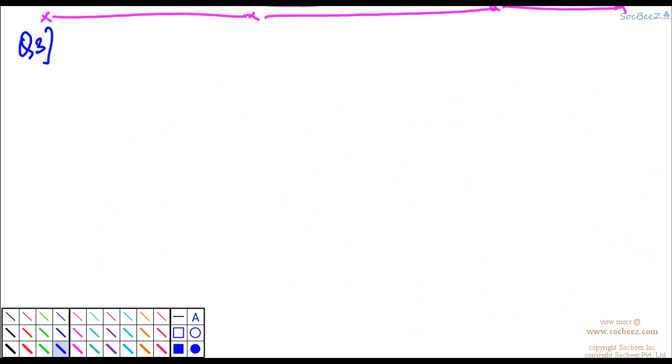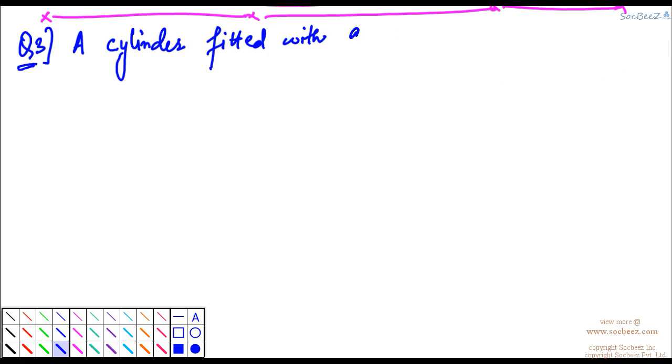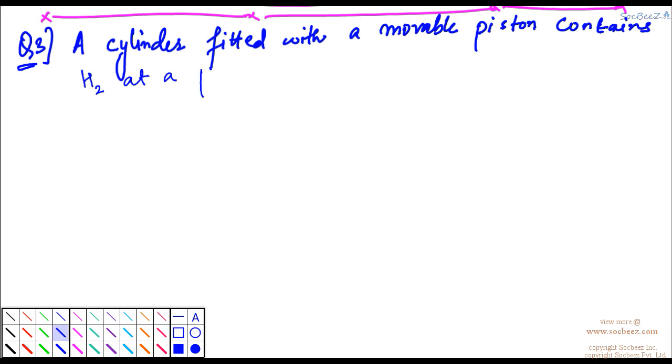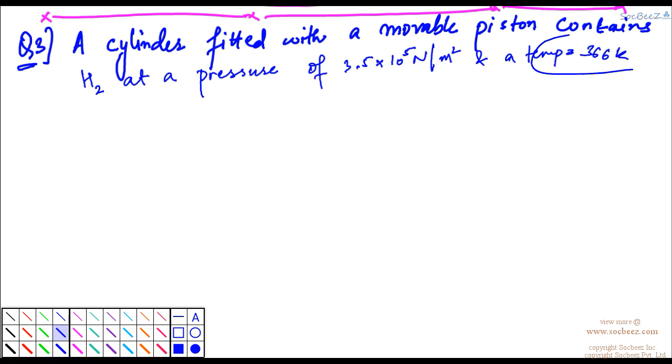Let's do another question, which says that a cylinder fitted with a movable piston contains hydrogen gas H2 at a pressure of 3.5 into 10 raised to power 5 Newton per meter square, and at temperature 366 Kelvin. Right.